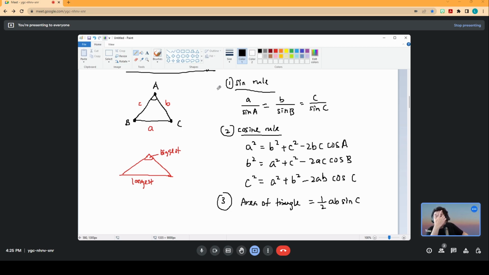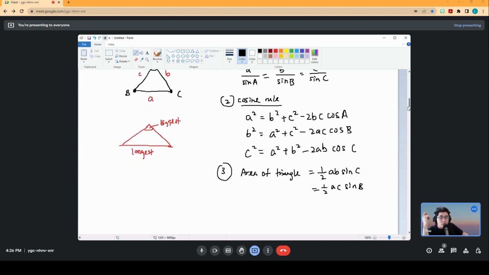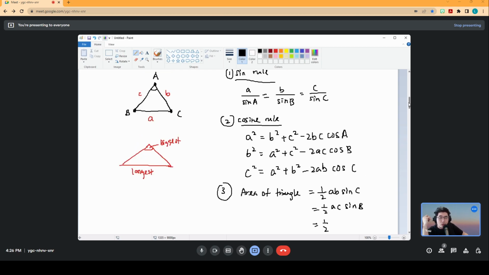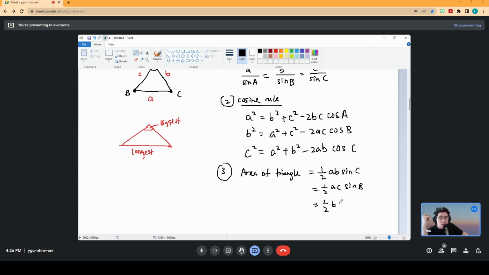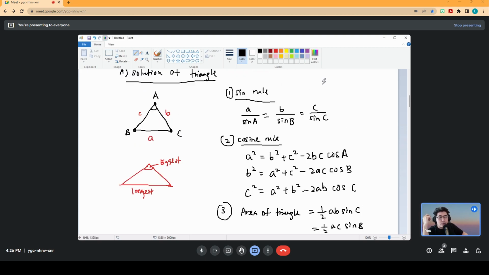Or maybe I refer to BC first, AC first. So I have 1 over 2 ac sine B, or it also can be written as 1 over 2 bc sine A. So during the exam, when you draw a triangle, all you need to do is figure out whether you have enough information or not.